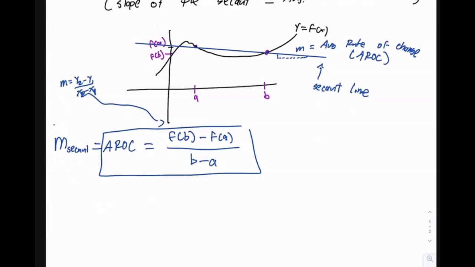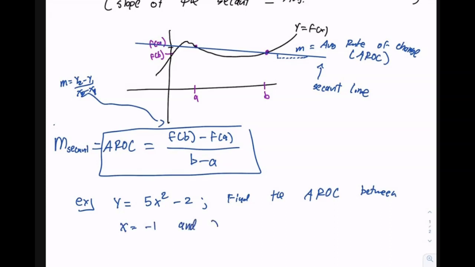So if I give you y equals 5x squared minus 2, and we wanted to find the AROC, the average rate of change, between x equals, let's say, -1 and x equals 2.